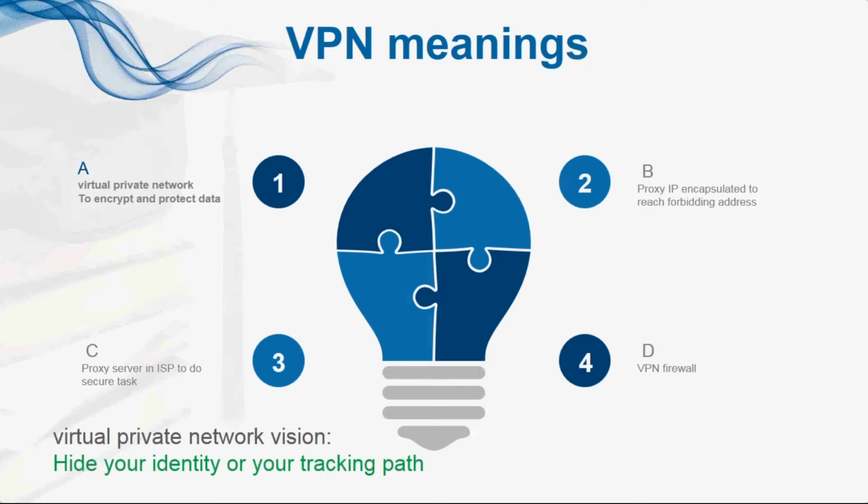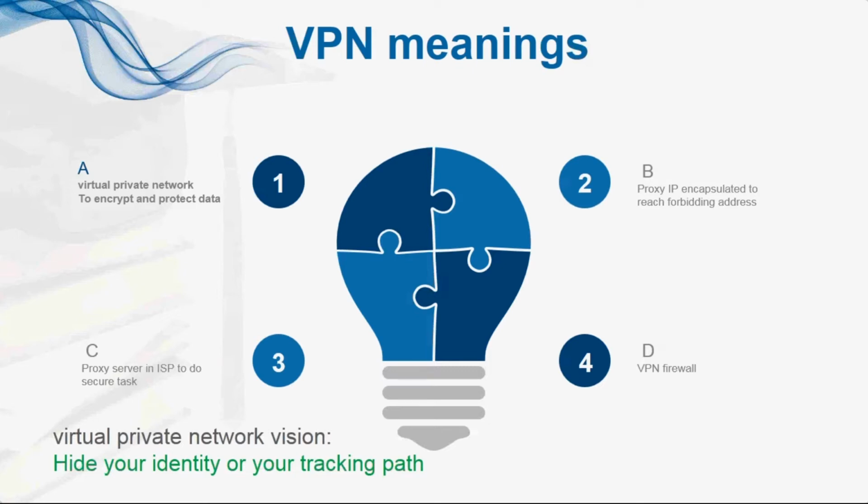Proxy IP is a short term for proxy server VPN. So there are too many types. For example, some say we can use a virtual private network to encrypt or protect data.